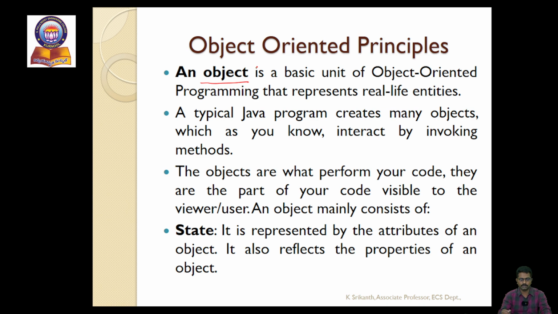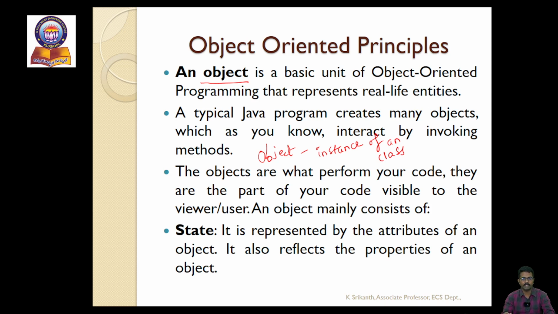Generally an object, I just write here, an object is an instance of a class. So first we need to write a class, where a class consists of methods and variables, instance variables.